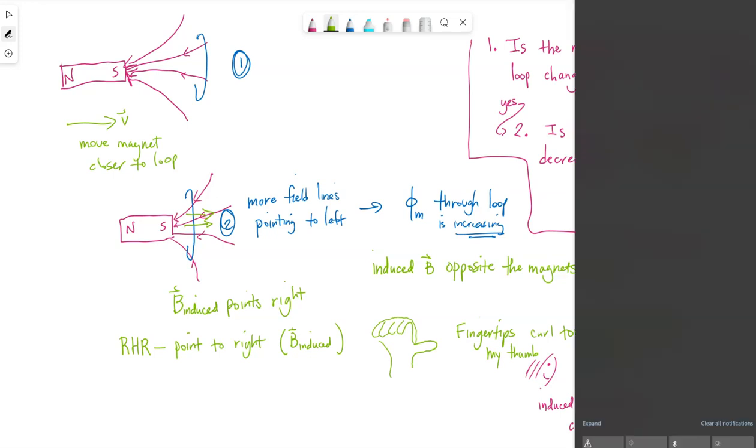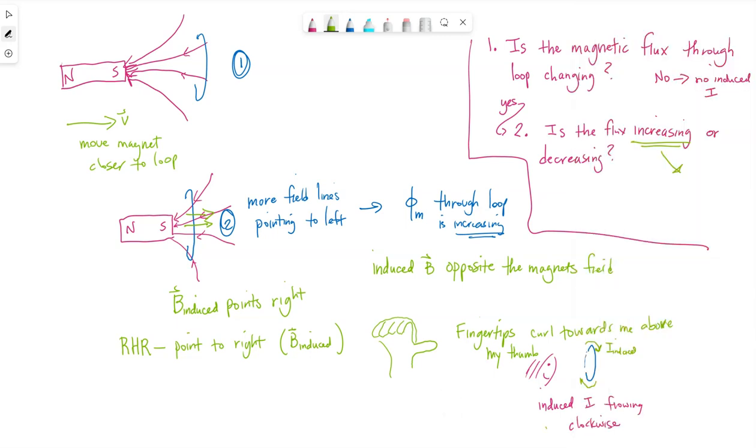If the flux is increasing, the loop creates a magnetic field, so an induced magnetic field, opposite in direction to the external field.